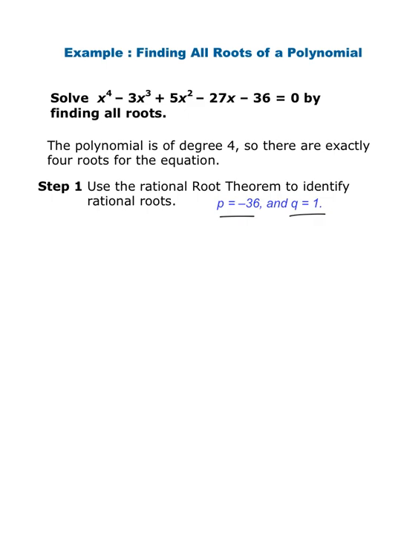The next step is to write all the factors of 36, which are plus or minus 1, plus or minus 2, plus or minus 3, plus or minus 4, plus or minus 6, plus or minus 9, plus or minus 12, plus or minus 18, and plus or minus 36.